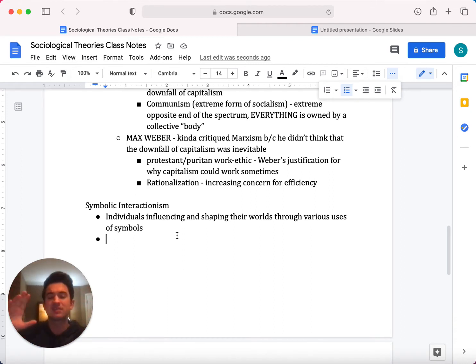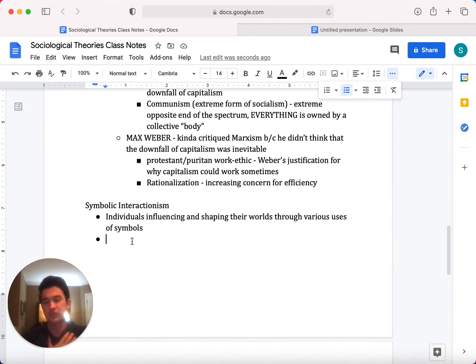It doesn't have to be the behavior of one individual that influences society; these micro theories explore ways that small groups and one-on-one or two-on-one interactions contribute to how society is as a whole. When you amalgamate all of these small group interactions, that determines the trajectory of society. At least that's how symbolic interactionists think.